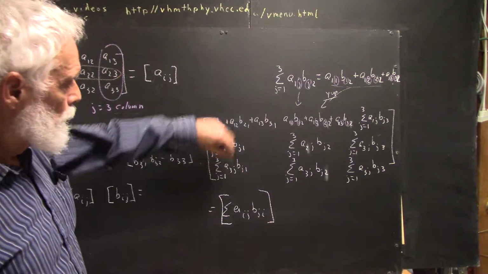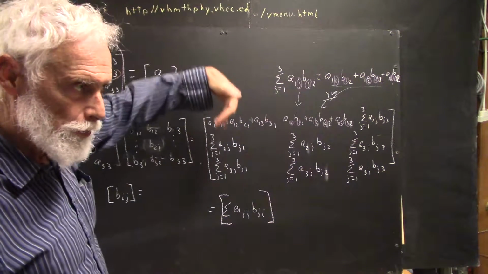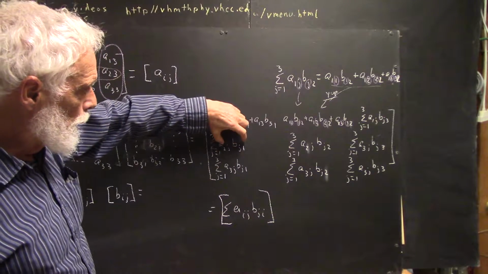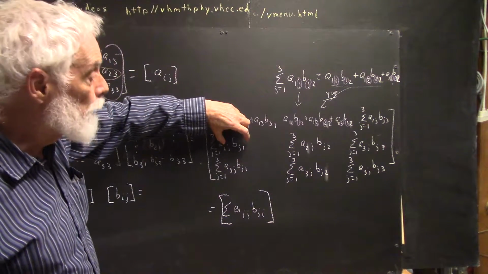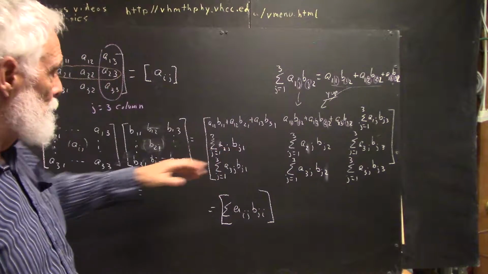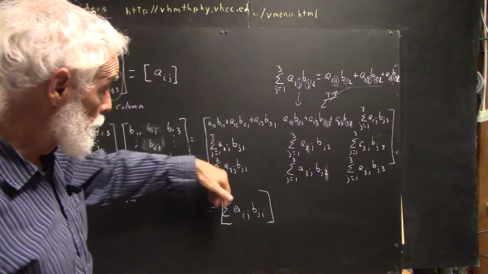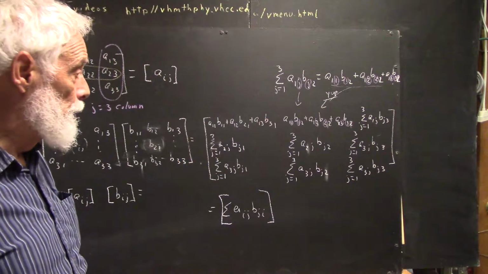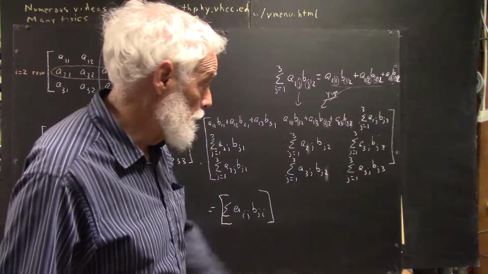The j just indicates which number in the row and which number in the column. The 2 and the 1 indicate second row, first column. So the product of my second row and my first column should go in the second row, first column, and there it is. In the second row, second column, I get the product of the second row and the second column.